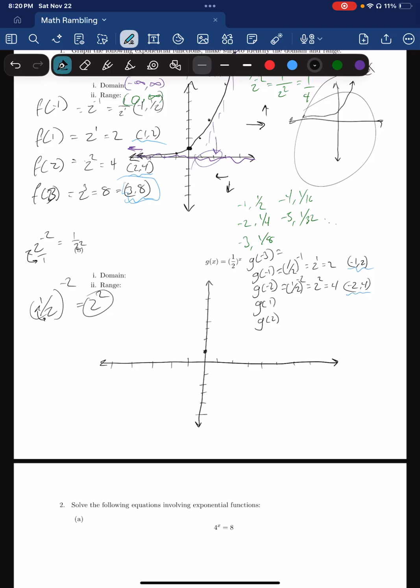So g of -3 should be (-3, 8). And if we do our math to find out, 1/2 to the -3 equals 2 to the third, which equals 8. So (-3, 8) is a point on our line.